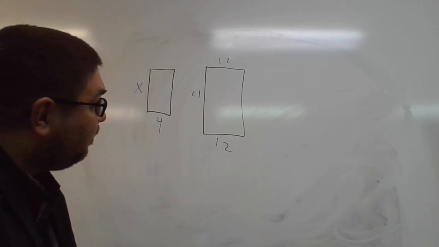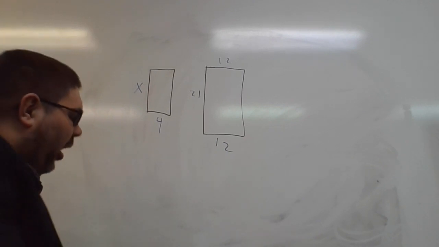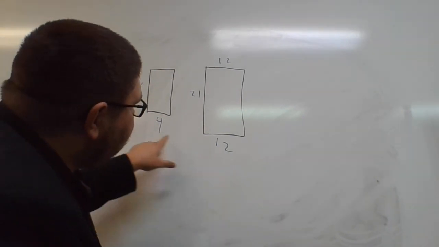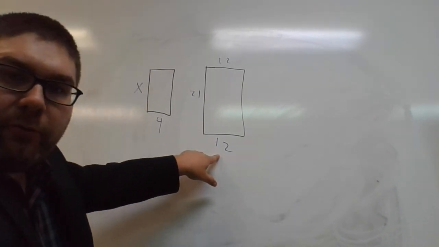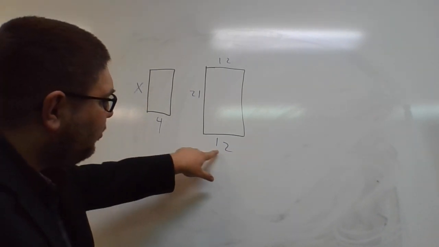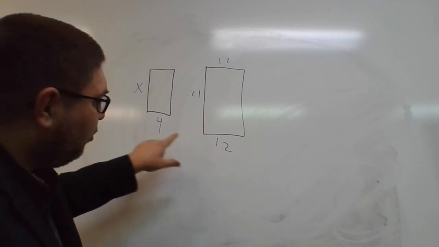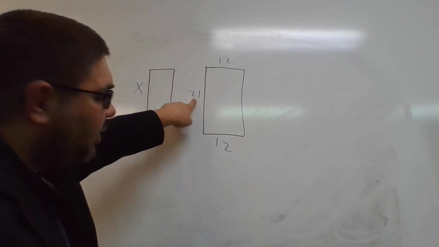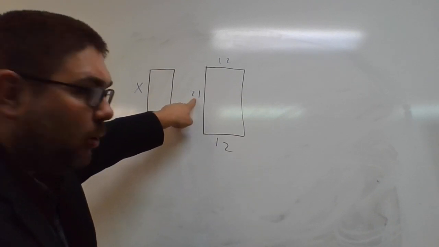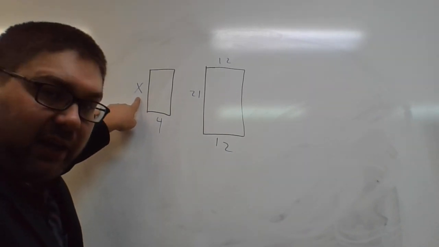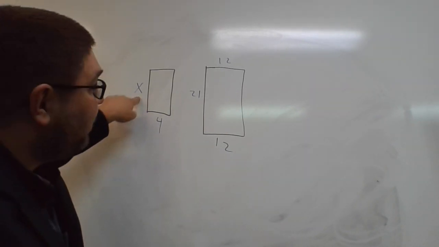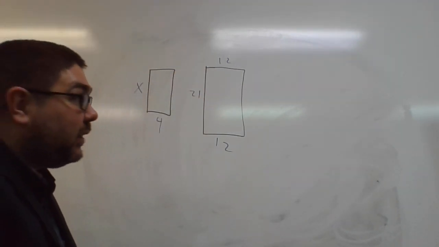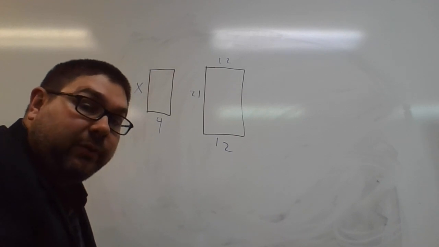On this one, we know the bottom of each rectangle is 4 and 12. We also know that one side has a measurement of 21 and one side is x. The 12 up here we can essentially ignore. That's unneeded information. We only need two sides from each figure.